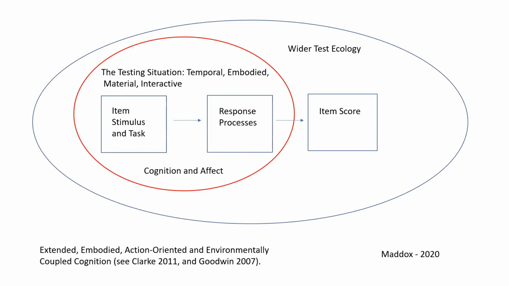So it's in temporal, embodied, material, interactive characteristics, which includes what we might think of as cognition, but also emotions, affect, etc. And what I tried to argue yesterday is that although wider test ecology is certainly relevant to the testing situation, my argument would be that process data should have characteristics which reflect the actual testing situation rather than some abstract characteristics of, like, for example, group membership.